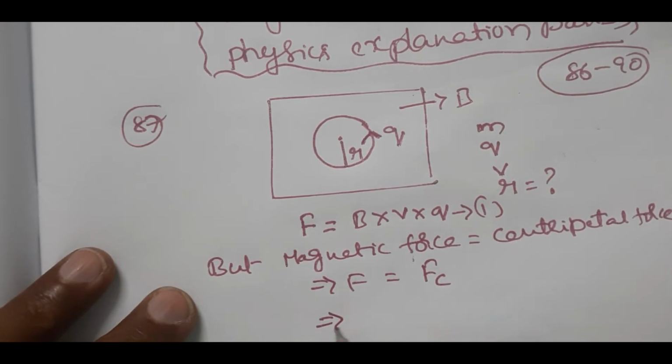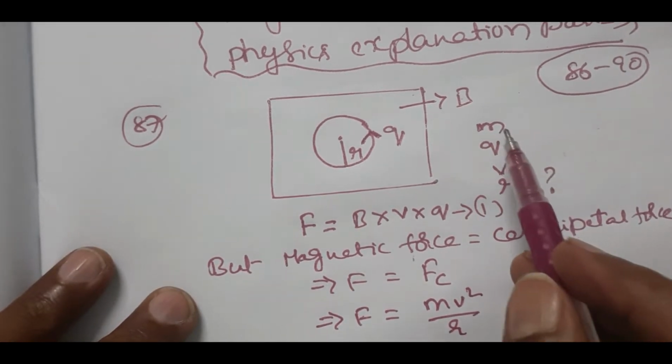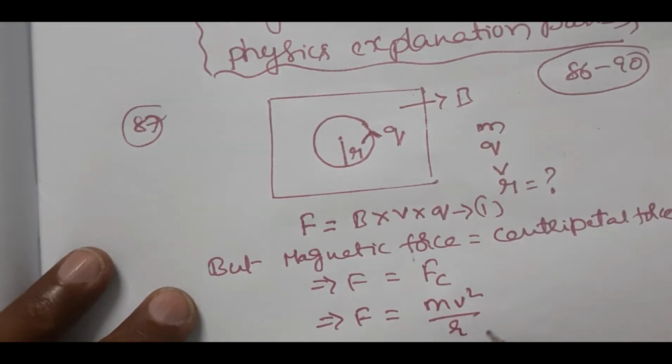The centripetal force formula is m v square by r, where m is the mass of the particle, v is the speed of the particle, r is the radius. This is equation 2.